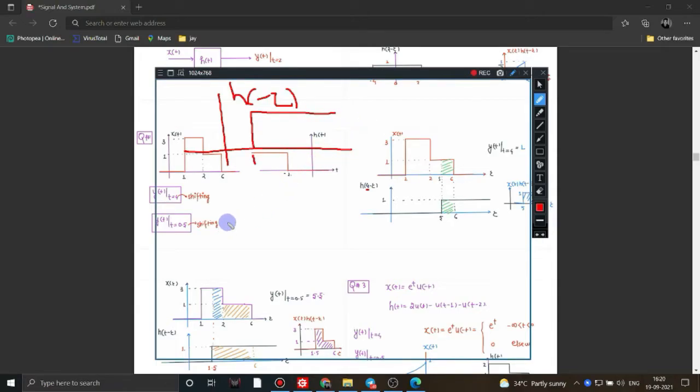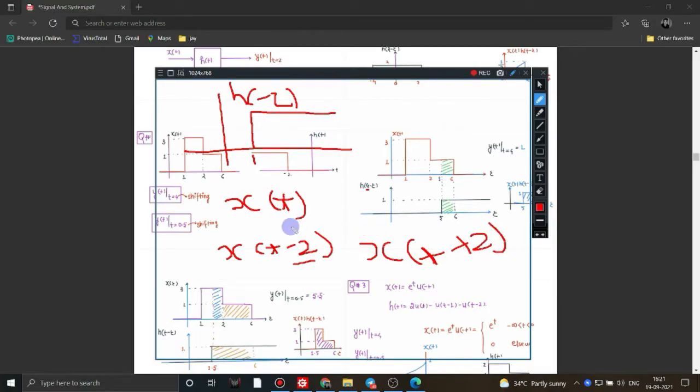We may already have doubts. For example, there is a graph xt and we have to make the graph xt minus 2, so we shift the graph of xt rightwards because it is negative. And if we have to make a graph of xt plus 2, we shift the graph by 2 units backwards.